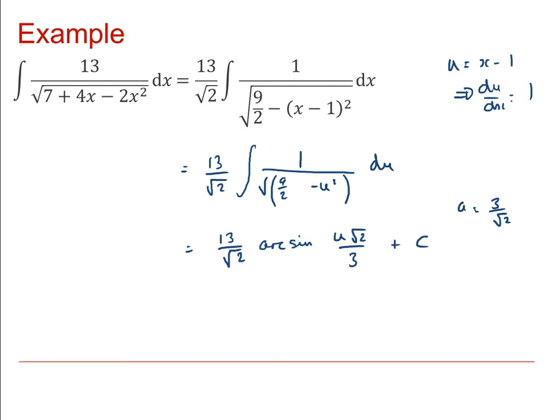Then substituting back into the expression for u, we get that our integral will therefore be equal to 13 over root 2 and then arcsine of x minus 1 multiplied by root 2 over 3 plus c.